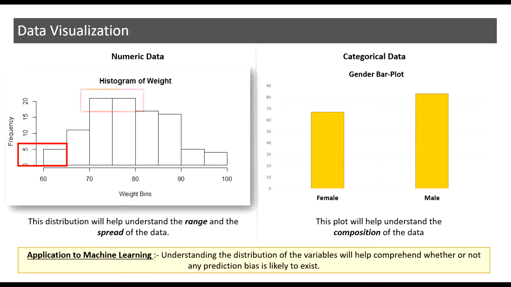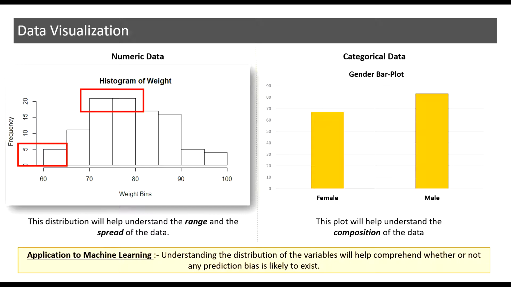And we can also determine that the majority of the people fall into the weight range of 70 to 80 kgs. Hence, histograms help understand the range and the spread of the data given a particular numeric variable, which in this case is weight. We can also see that the so-called distribution is fairly symmetric. Basically, you can draw a nice bell shape around this diagram.